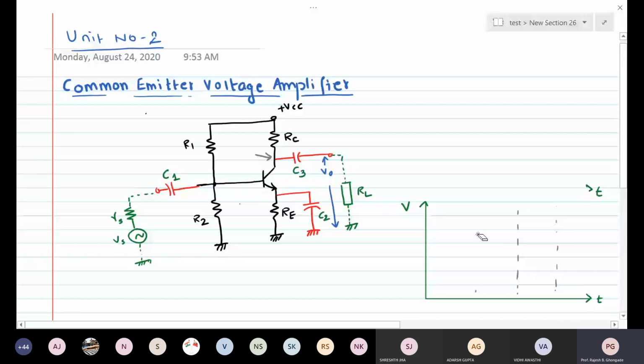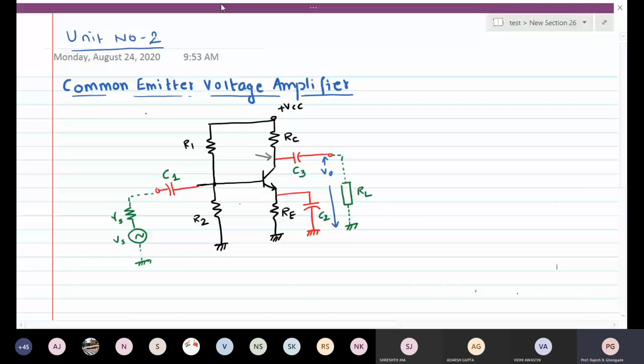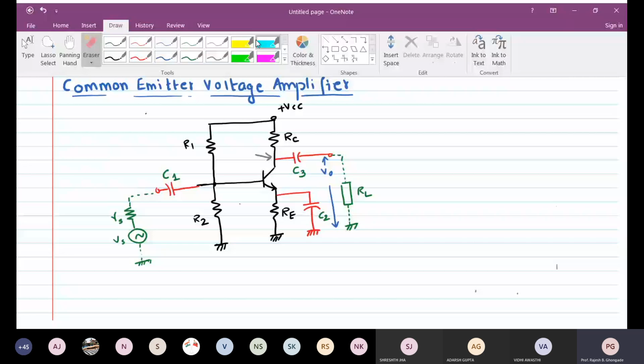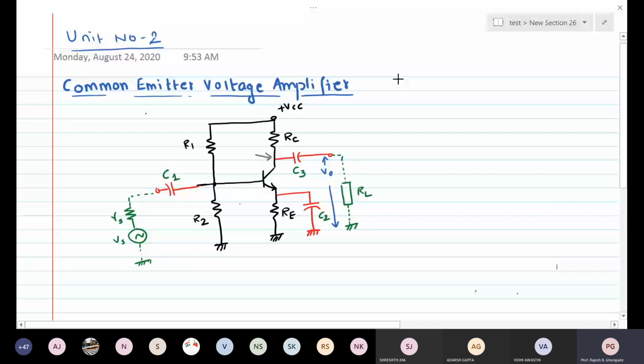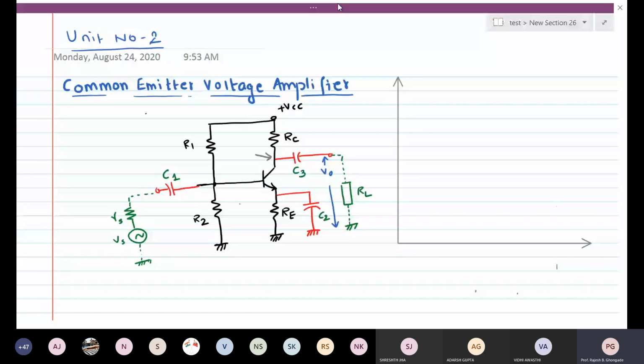I'll draw a simpler figure. And I will show here from the ground level.